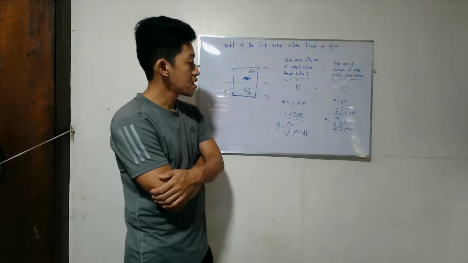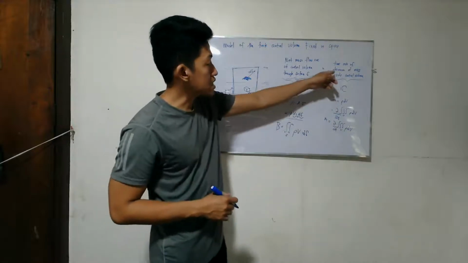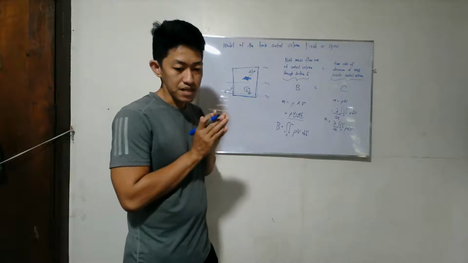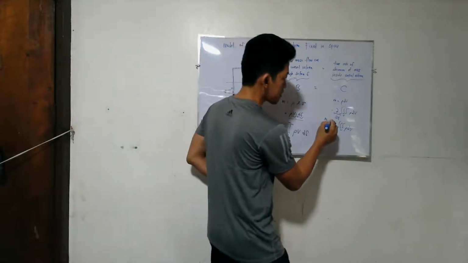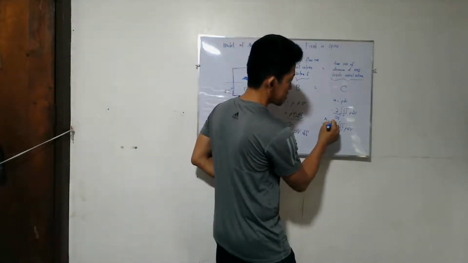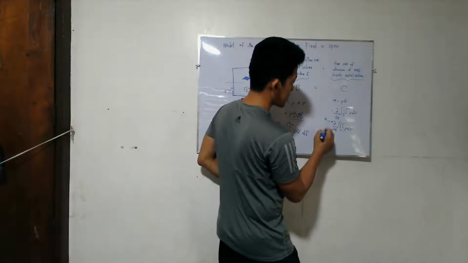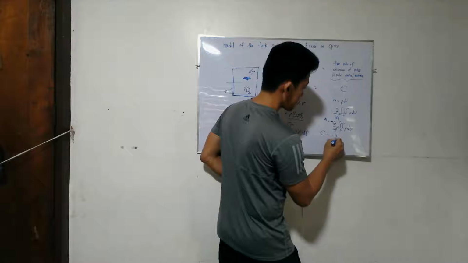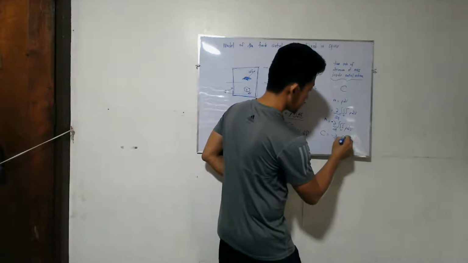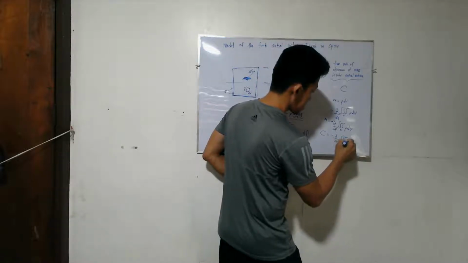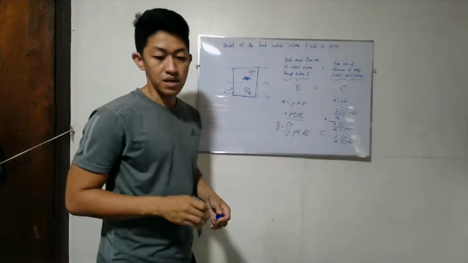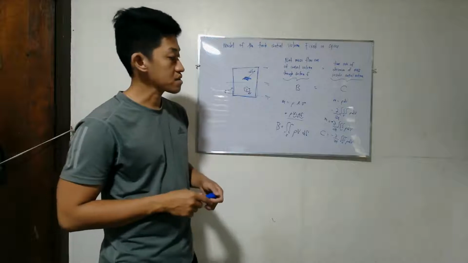Okay? But since what we want is the decrease of the mass inside the control volume, we multiply by a negative. Therefore, your C would be negative partial of the volume integral of rho dV. By the way, the derivation is in the book by Anderson.